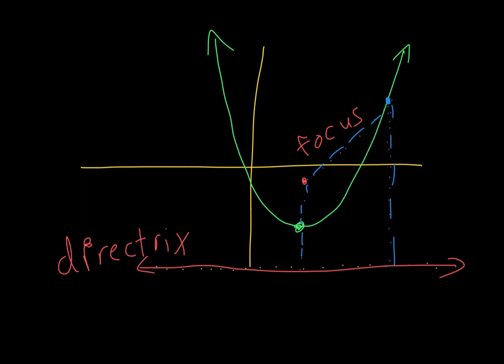Now, in life, the application of what the focus is in a parabola. If I were to make this nice, big, and yellow, a thing that emits light, or something that emits any kind of wave, sound wave, light wave, something like that.